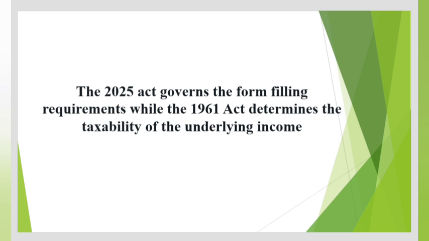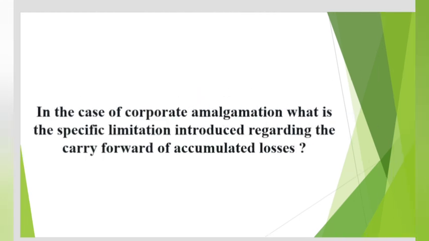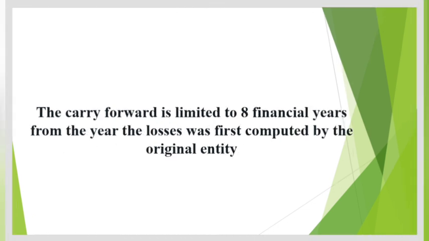Question 6. In the case of corporate amalgamation, what is the specific limitation introduced regarding the carry forward of accumulated losses? The answer is the carry forward is limited to 8 financial years from the year the loss was first computed by the original entity.